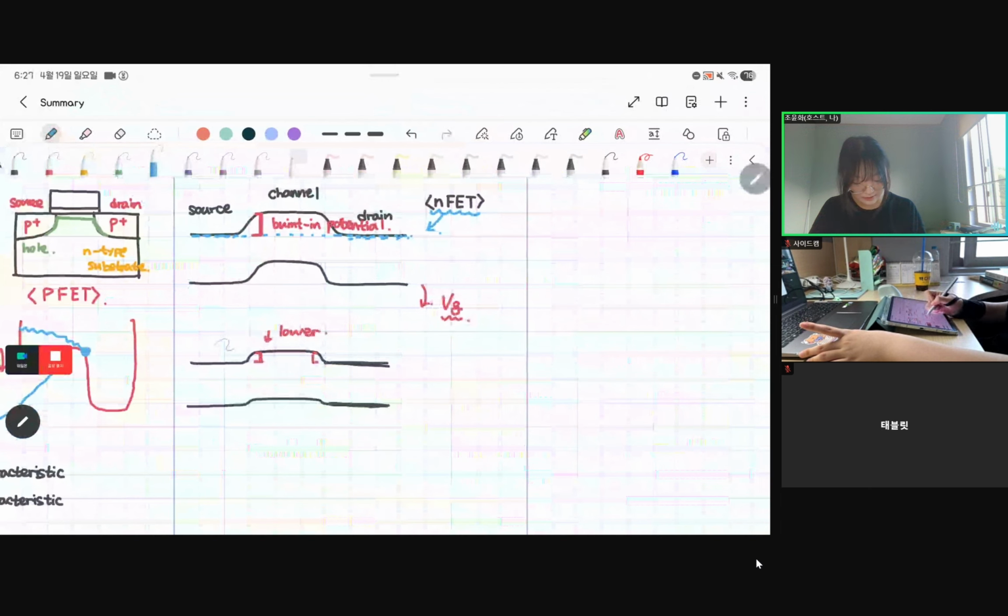So there are a lot of electron carriers here, and by giving the gate voltage, a lot of carriers can go from source to channel.